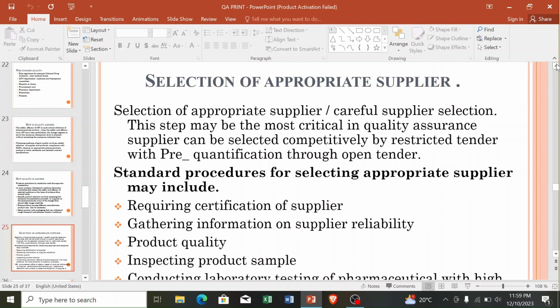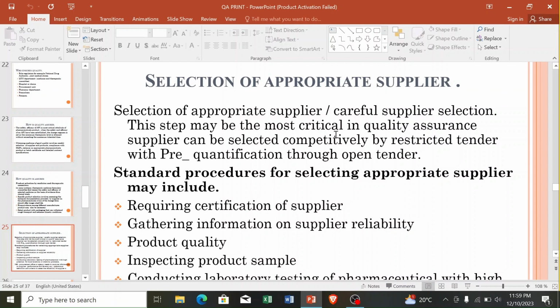So here we see that selection of an appropriate supplier is the second thing of how quality can be assured. First was selection of raw materials or medicine by the medicine and therapeutic committee. The next is selection of an appropriate supplier, or careful supplier selection.